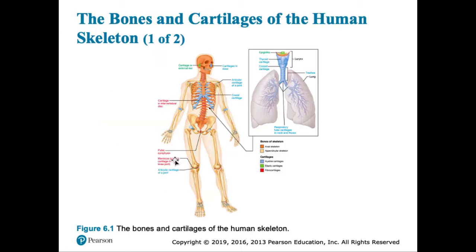So this, of course, is the bone and cartilage of the human skeleton. Make sure that you're reviewing each of those. You can see the colors associated with different aspects of bone or cartilage. So you see this darker orange is the axial skeleton, and then this lighter orange, tan color is the appendicular skeleton.